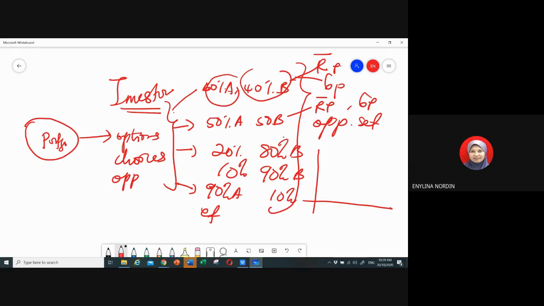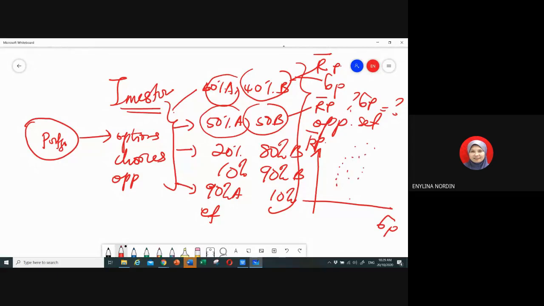Kenapa? Sebab proportion ni tadi berubah. Jadi bila kita dapat figure ni tadi, and then kita draw the diagram, this is expected returns of the portfolio, this is the standard deviation of portfolio. Kita akan ada titik tau, combination kat sini, right?